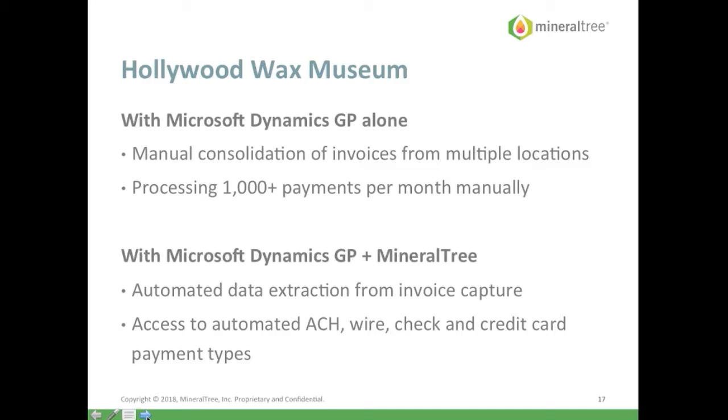And then also, they had so many invoices that they had to manually input into GP. And then they were processing over 1,000 payments per month manually. They used ACH for the most part, but as many of you know, or all of you who are using ACH, you need to initiate that with your bank. So it takes an extra step.